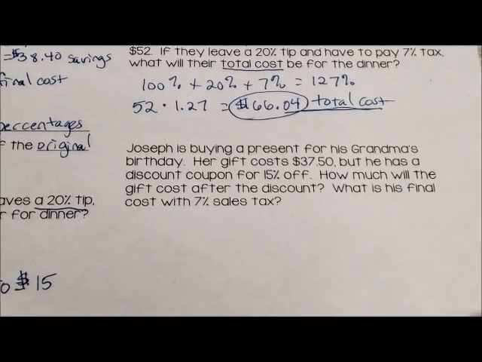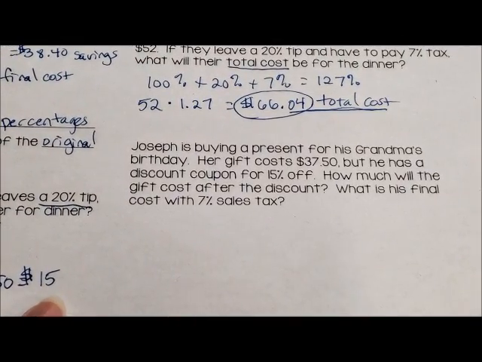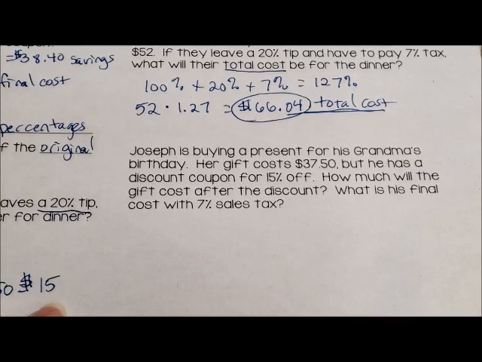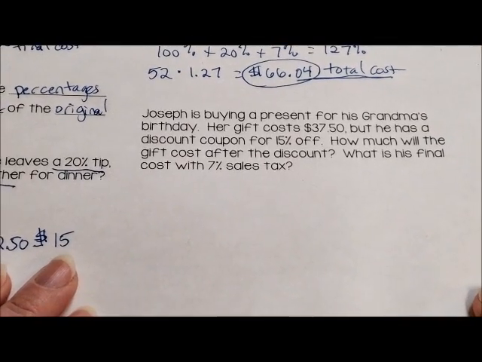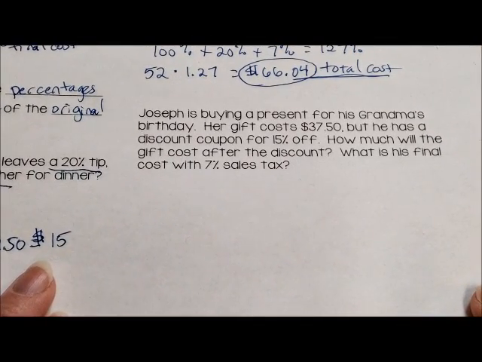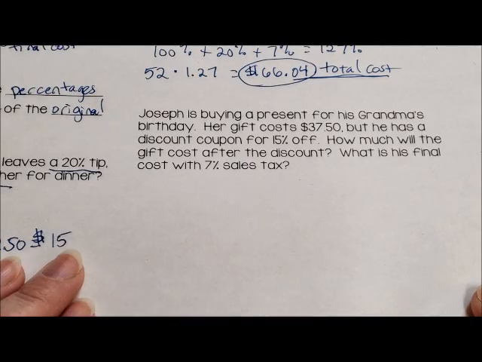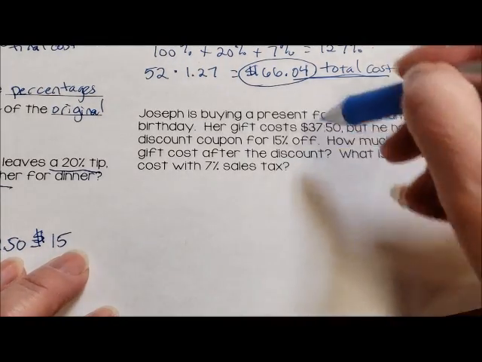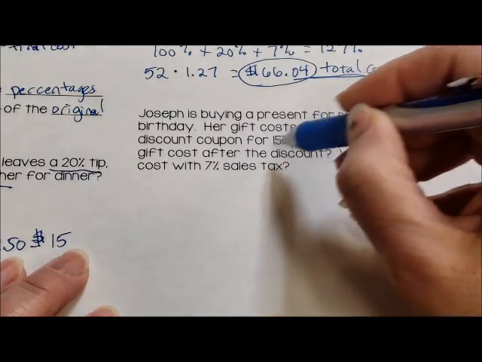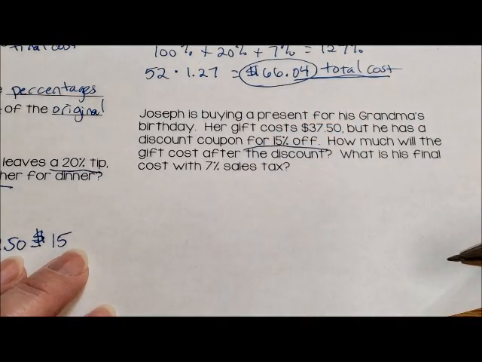All right, let's look at Joseph. Joseph is buying a present for his grandma's birthday. Her gift costs $37.50, but he has a discount coupon for 15% off. How much will the gift cost after the discount? What is his final cost with 7% sales tax? So this is a multiple step problem because we need to find the sale price after we've taken off 15%.